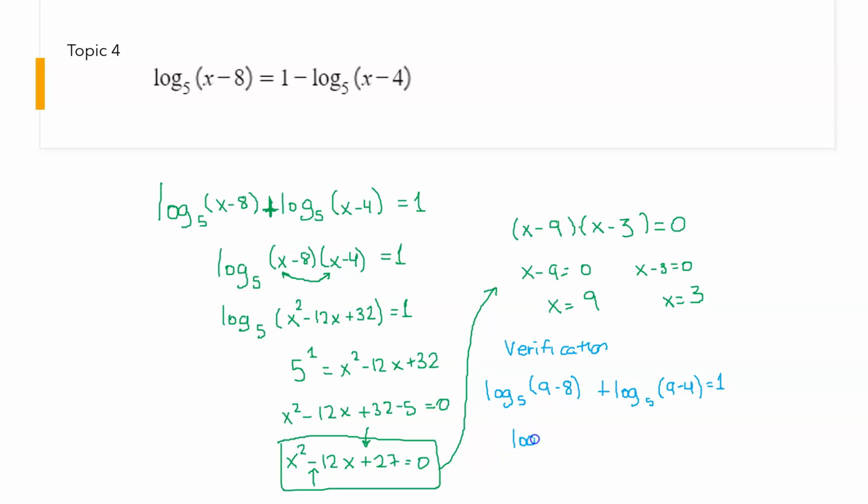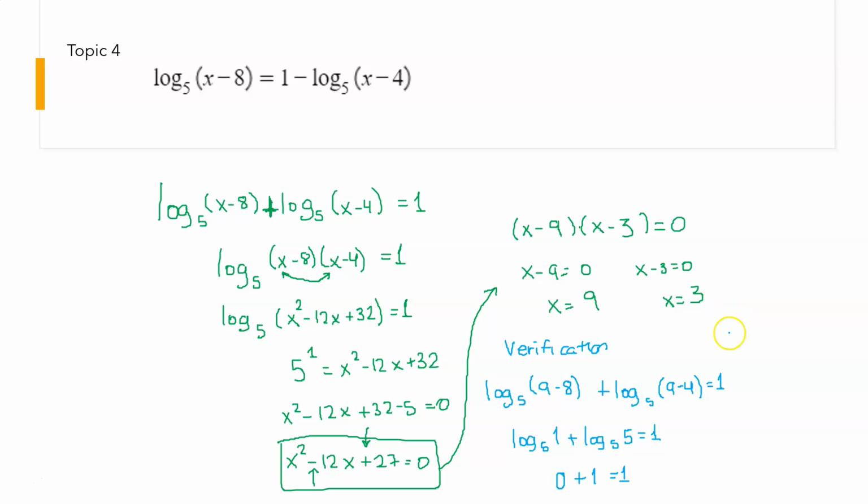So this is logarithm to the base 5 of 1 plus logarithm to the base 5 of 5. The exponent to which you have to elevate 5 in order to obtain 1 is 0, and the exponent to which you have to elevate 5 in order to obtain 5 is 1. So 0 plus 1 is 1.